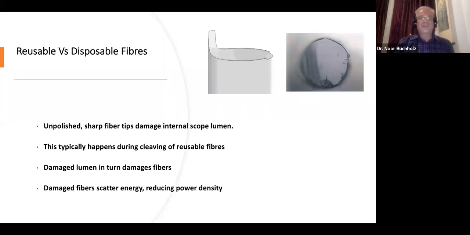On the other hand, once the scope lumen is damaged, if you introduce your laser fiber, it may get trapped in that damage and the laser fiber gets further damaged. Usually this happens during cleavage of reusable fibers. So there is a strong argument for disposable fibers, but it may not always be financially viable. If you have a damaged fiber, it scatters the energy, and as we have heard before, scattered energy can go anywhere and we don't know what damage it inflicts and where.